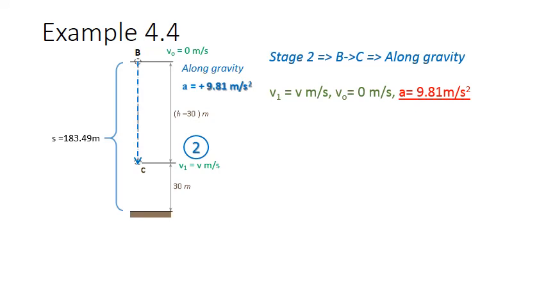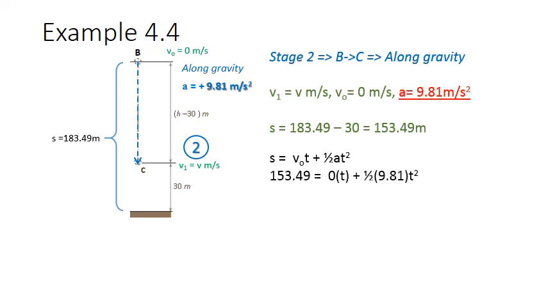Point C is 30 meters above point A, so we can compute the displacement from point B to C. Now we can use the kinematics formula s equals v0 t plus half a t squared, simply because it contains the unknown we are trying to find, which is time t, and the rest of the parameters, v0 and a, are known. Rearranging and substituting the values, we acquire t2, which is 5.59 seconds.